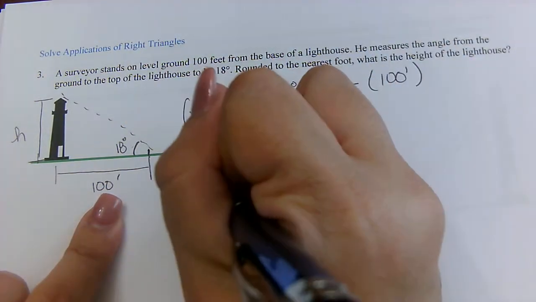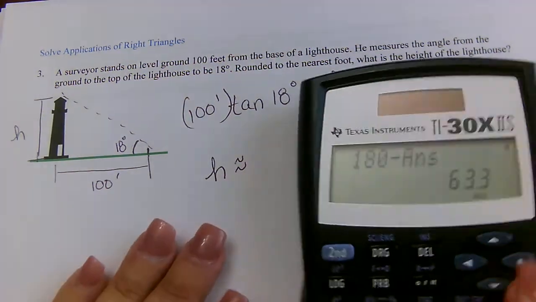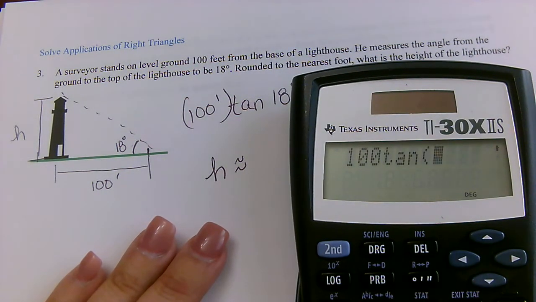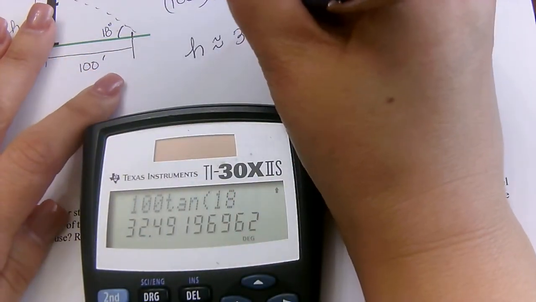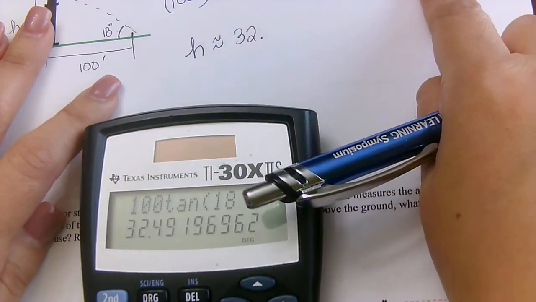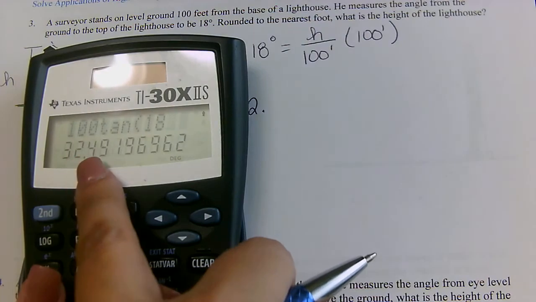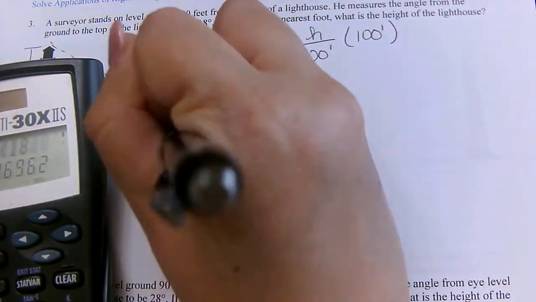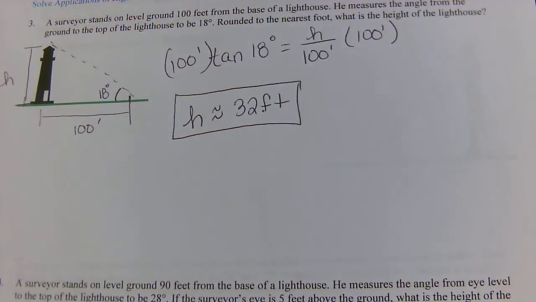So H is going to be approximately 100 tangent 18. H is going to be approximately 32 point something, and it says round to the nearest foot, so we're going to keep it at 32 feet. Okay, and that's it for that problem.